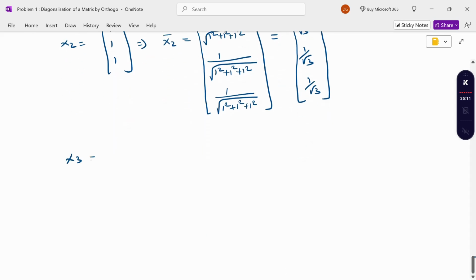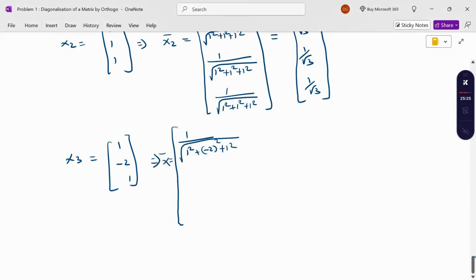Then x3 is 1, minus 2, 1. So 1 by 1 square plus minus 2 square plus 1 square. So this is x3 bar, the normalized eigenvector. So minus 2 by square root of 1 square, minus 2 square, plus 1 square. Then 1 divided by square root of 1 square, minus 2 square, plus 1 square.